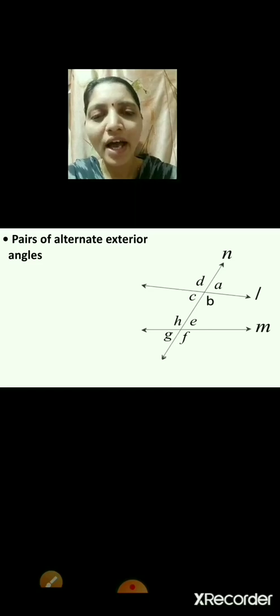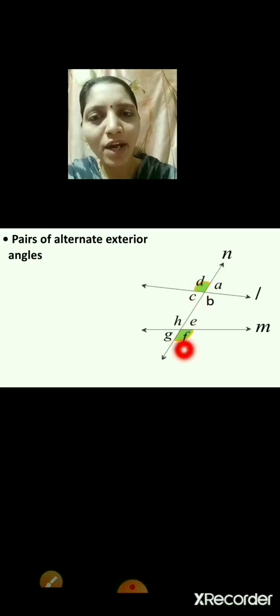Here again line L and line M are given to you, and line N is the transversal. Again 8 angles are formed here. Angle D, angle A, angle G and angle F are called exterior angles because they are on the exterior part of these two lines.